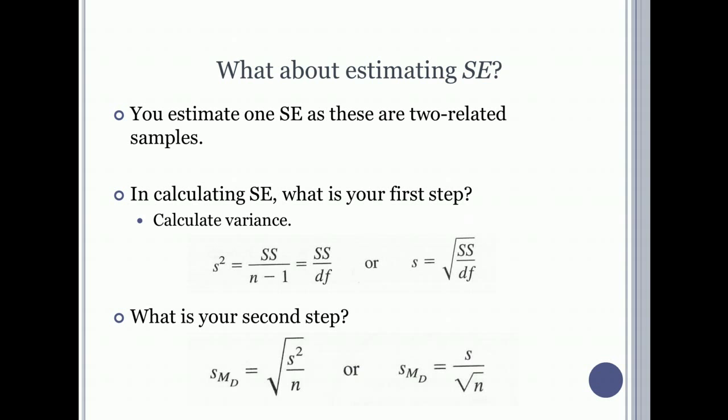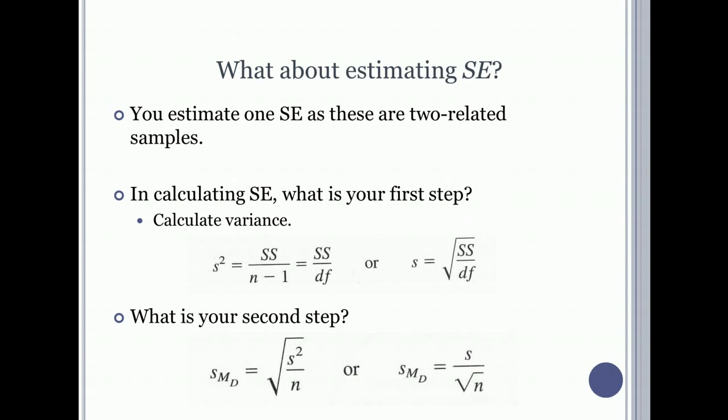And what's our second step to calculating the estimated standard error? It would then be to take that variance or standard deviation and divide it by n, and then take the square root. So if you took the variance s squared over n, then square root it, you would get the estimated standard error.